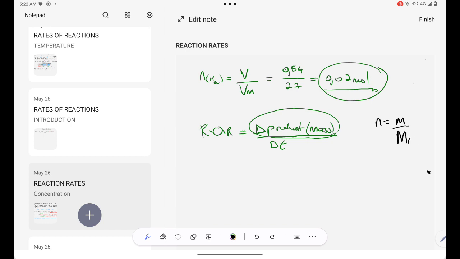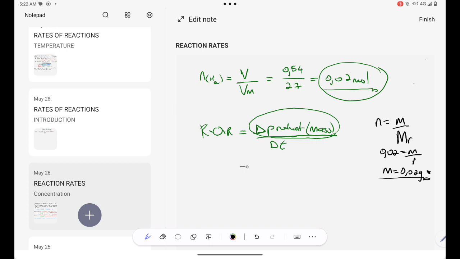I have 0.02 is equal to the mass of my hydrogen divided by 1. So therefore the mass of my hydrogen is just 0.02 grams. This is the mass of hydrogen that was formed.